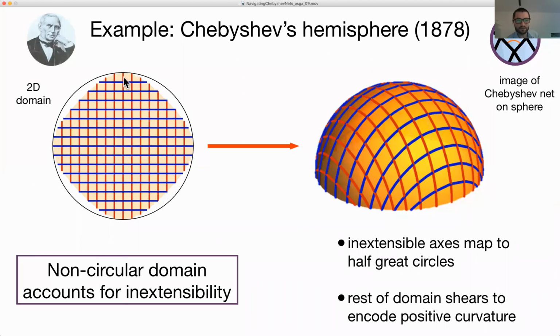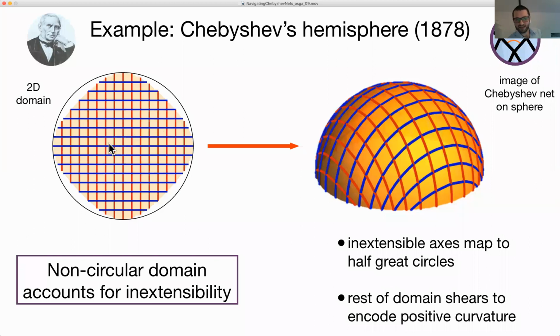So along the two axes here, these are inextensible, and so they have to map perfectly to 1/2 of the circumference of the sphere, right? On the other hand, in the diagonal direction, what you see is that because of the shearing that takes place from the underlying curvature, you can actually gain extension in that direction. So you don't have to start with a circular domain if the material were completely isotropic.